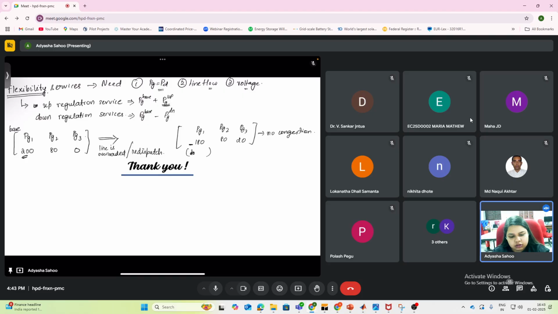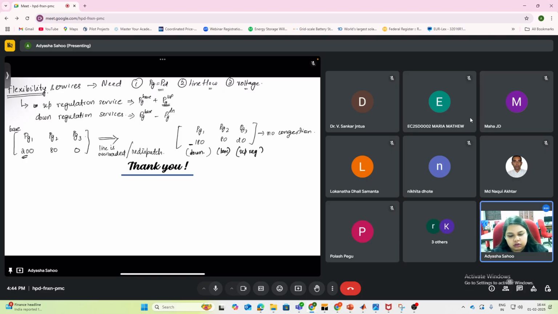This is down regulation, right? And what about PG2? It is already at its base only. And in PG3, earlier it was 0, now it is 20, so it is up regulation. So this was the example of congestion.